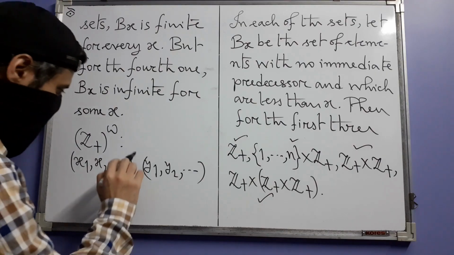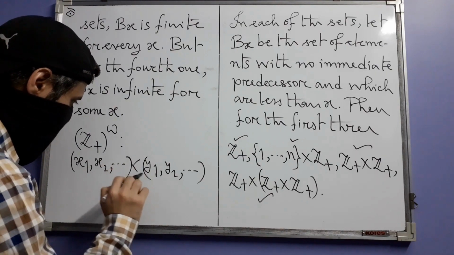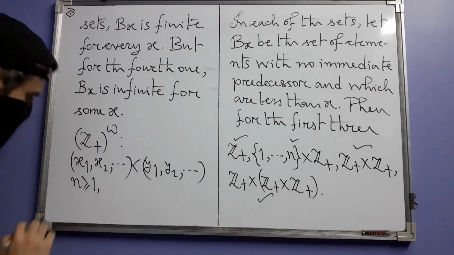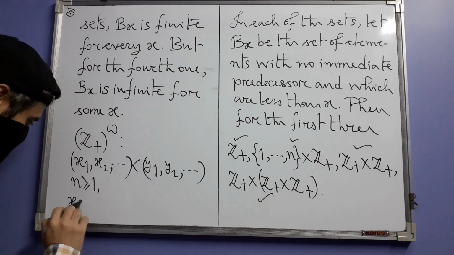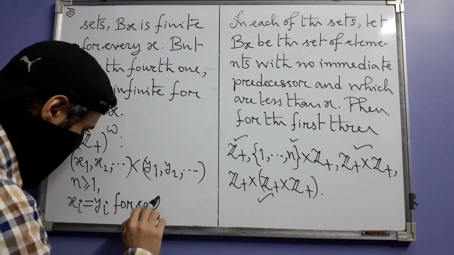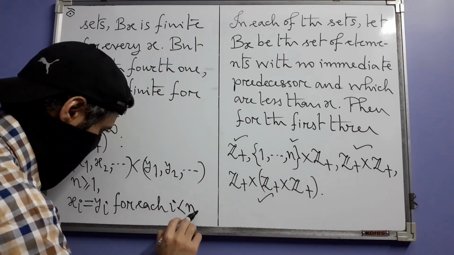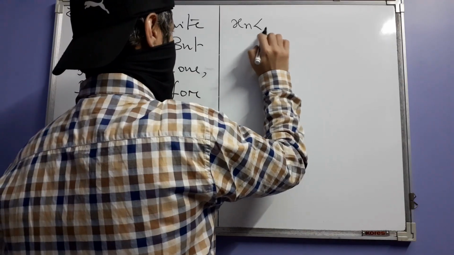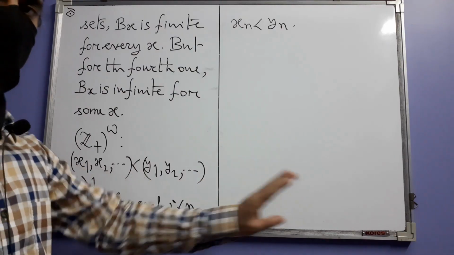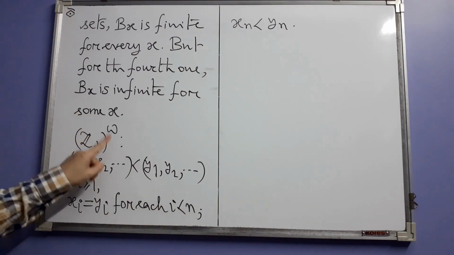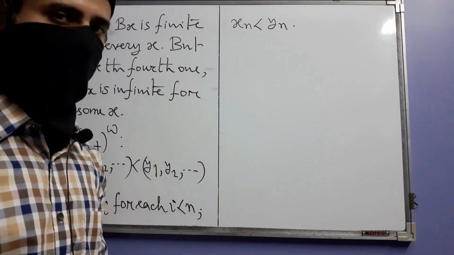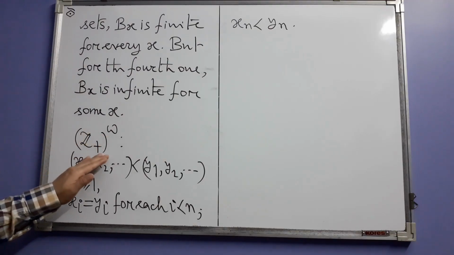We will call this sequence less than this sequence if there exists a positive integer n such that xi is equal to yi for each i less than n, and xn is less than yn. One can then verify that this is a legitimate order relation on this infinite Cartesian product, a kind of dictionary order on this.